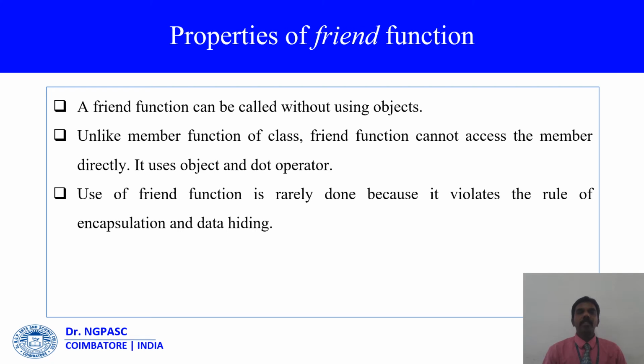But to invoke a non-member function, we don't need any objects, because objects are related only with classes. Only member functions have to be accessed with the help of objects. Non-member functions don't need any objects because they are not part of any class. But a friend function needs the instance of a class to access those private data members.